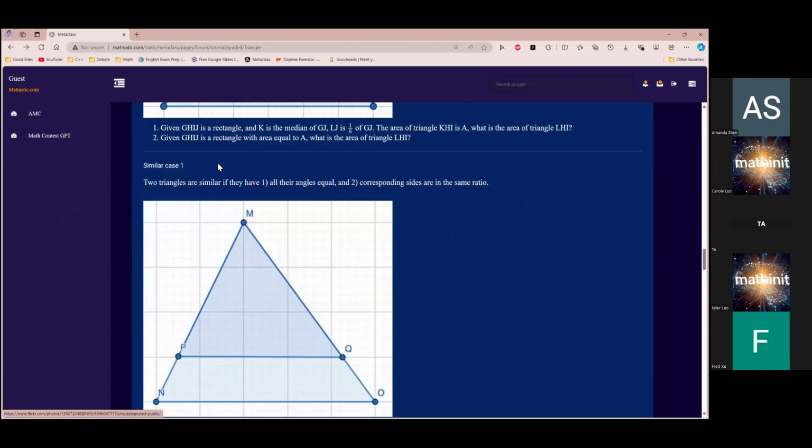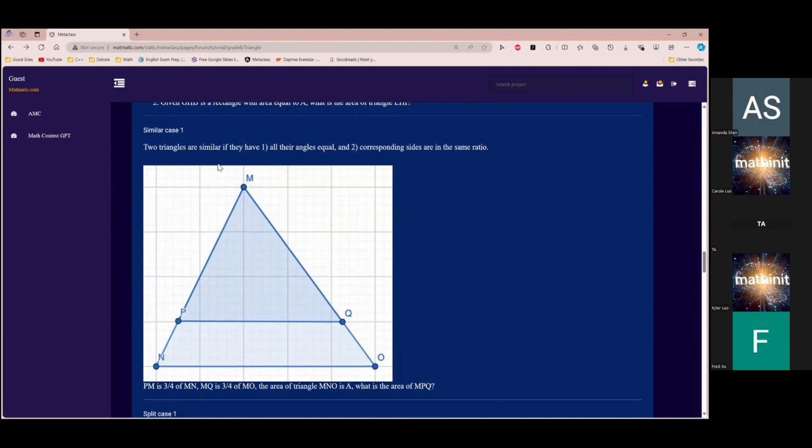So this is like similar triangles. Two triangles can be similar when their angles are all the same, and the sides that each correspond are all proportional to each other. For this question, PM is 3/4 of MN, MQ is 3/4 of MO, and the area of the triangle MNO is A. What's the area of MPQ?